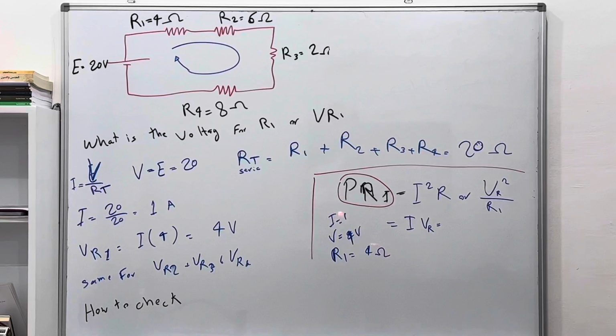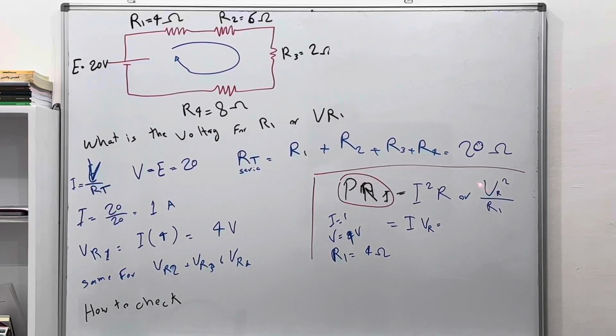Sometimes they ask about the power for R1, and we know the law for P is I squared multiplied by R, or we can use VR squared divided by R1, or we can use I multiplied by VR1. In this case we can use any one.